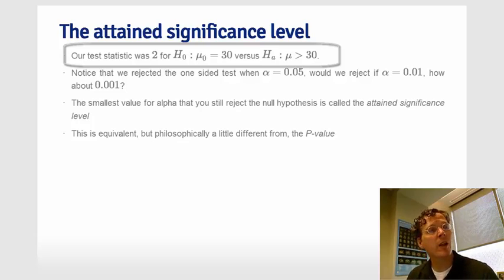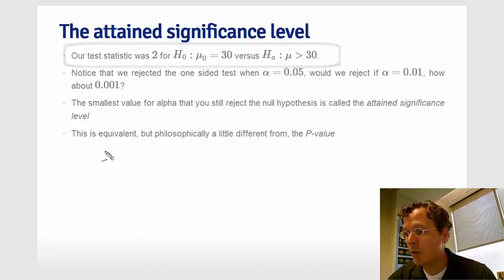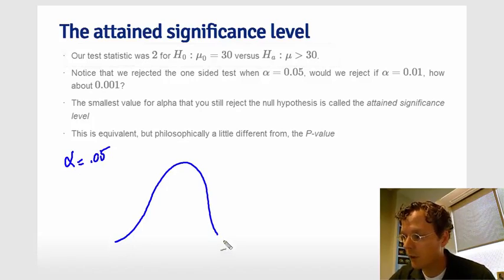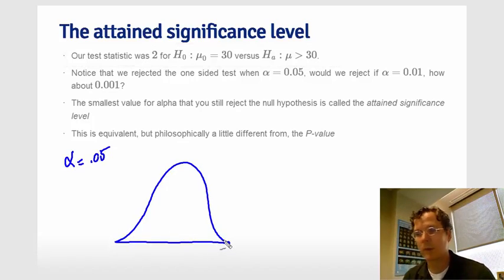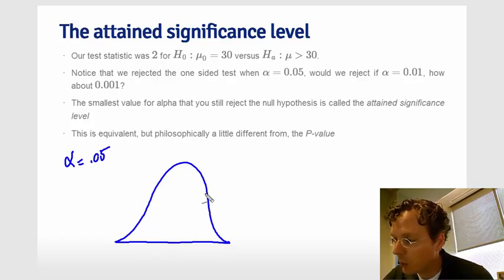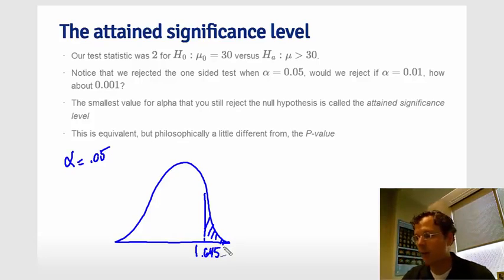Let's assume that our test statistic is standard normal distributed rather than t-distributed, just to make our discussion a little bit easier. Now, if we were to set alpha equal to 0.05, we know that we would reject because we know the rejection region and the quantile that we would reject for at 0.05.